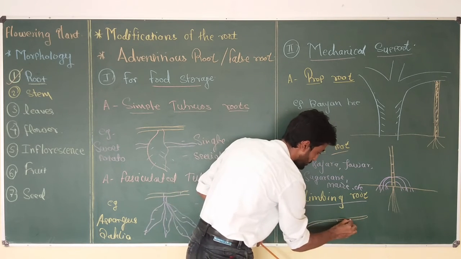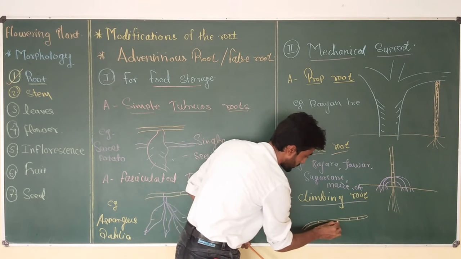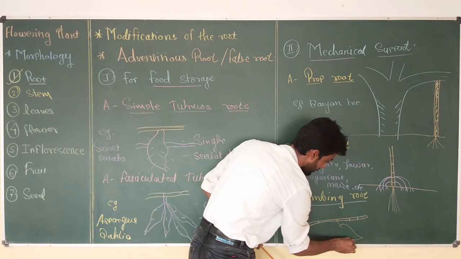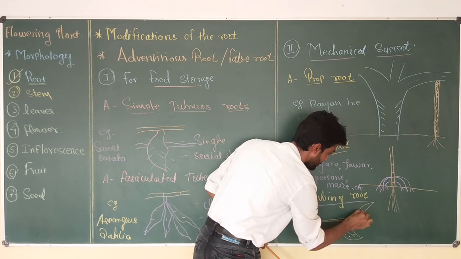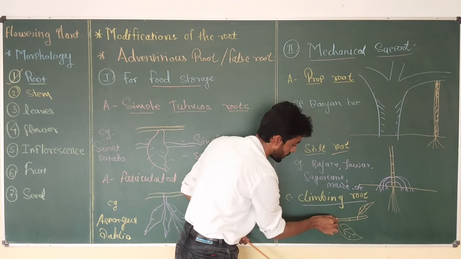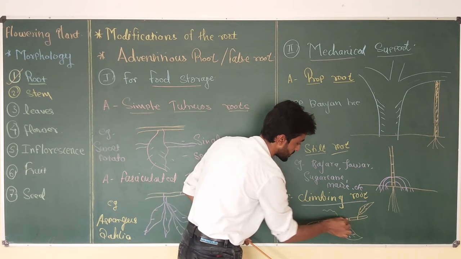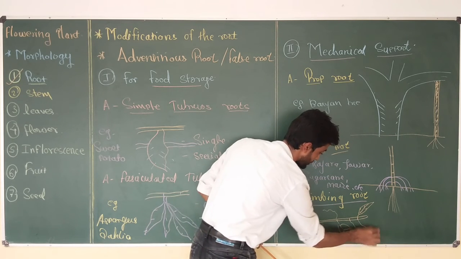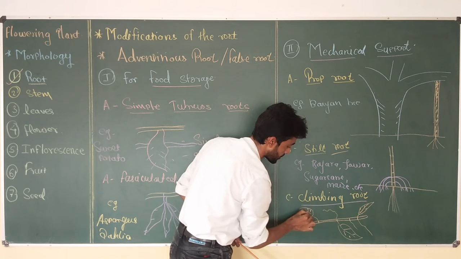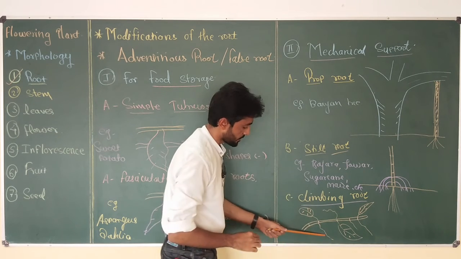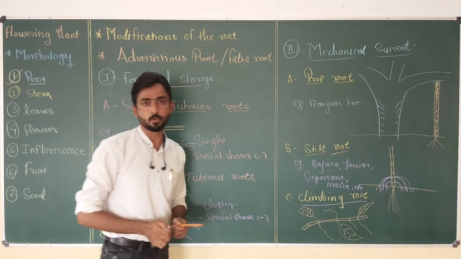In that case, from the nodes, some leaves are produced, and from the same node, thin wire-like structures are produced. These structures are called climbing roots.